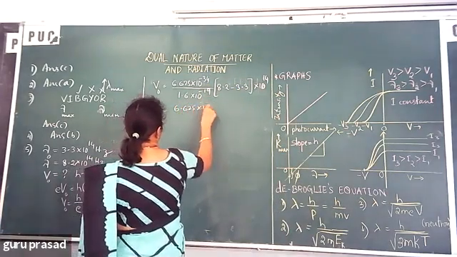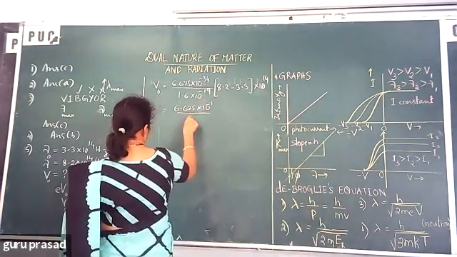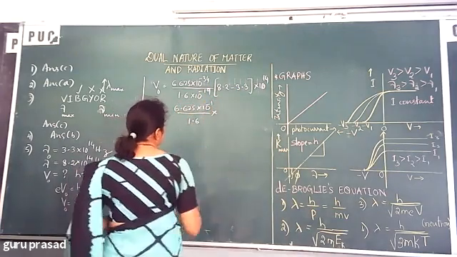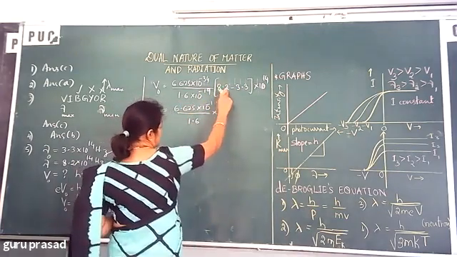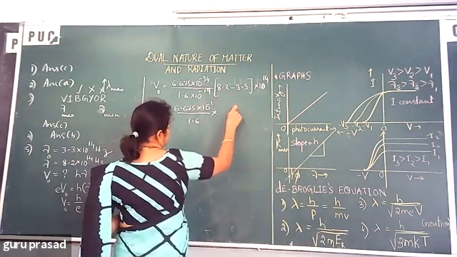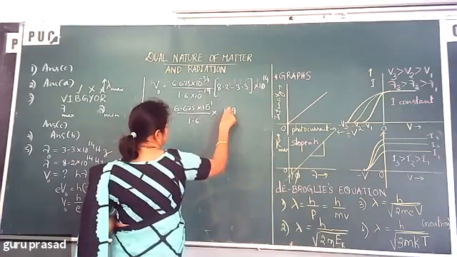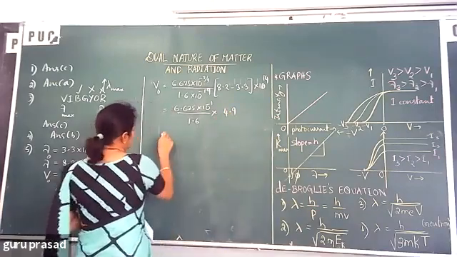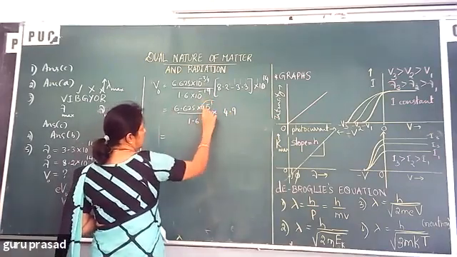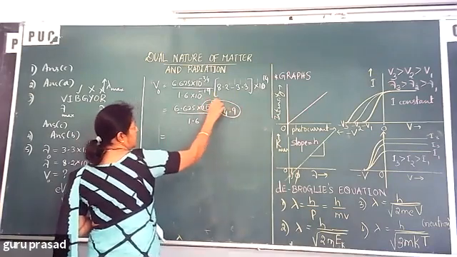So you get 6.625 into 10 power minus 1 by 1.6 into the difference, 8.2 minus 3.3, which is 4.9.